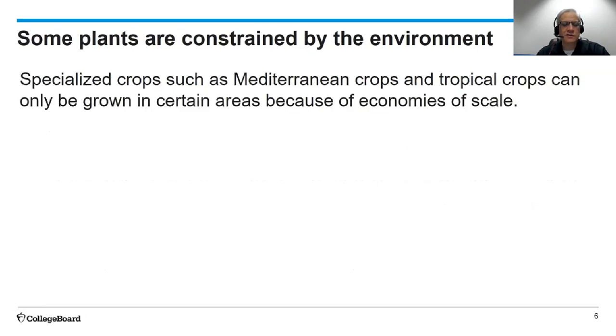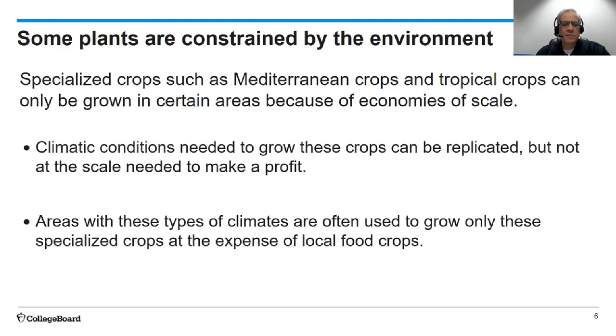Some plants, though, are constrained by the environment. Specialized crops, such as Mediterranean crops or even tropical crops, can only be grown in certain areas because of economies of scale. The climatic conditions needed to grow these crops can be replicated, but not at the scale that we need in order to make a profit.